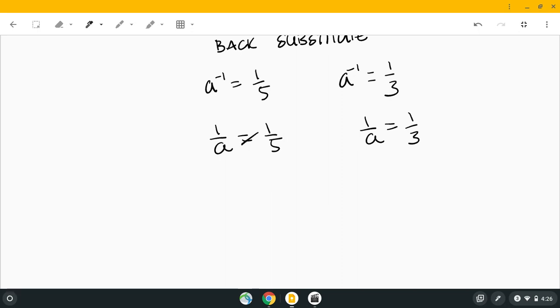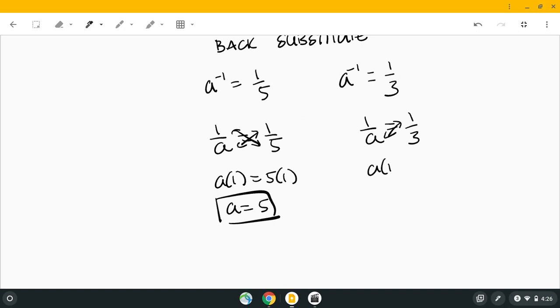A times 1 equals 5 times 1. So that A equals 5. Same thing here. A times 1 equals 3 times 1. So A equals 3.